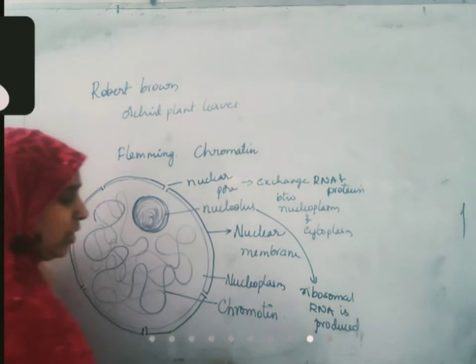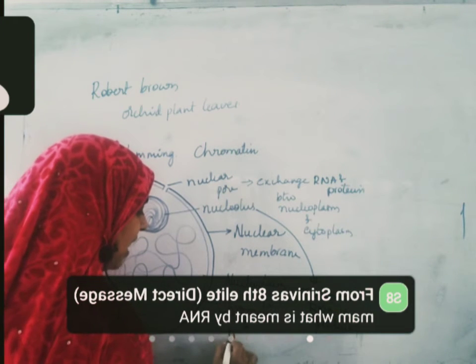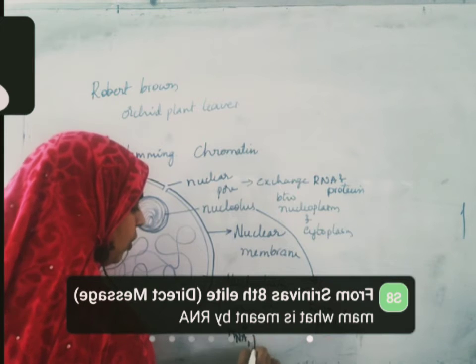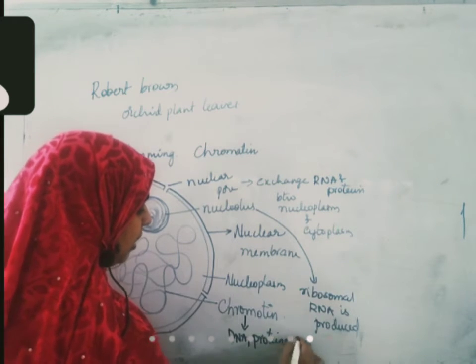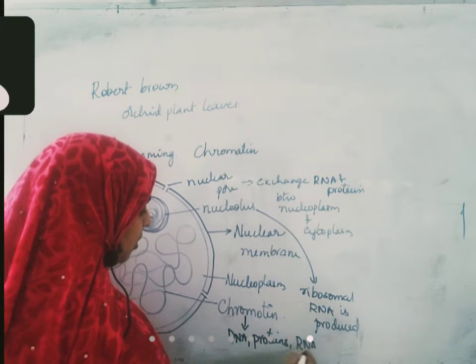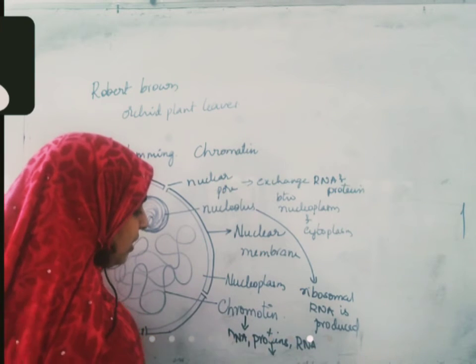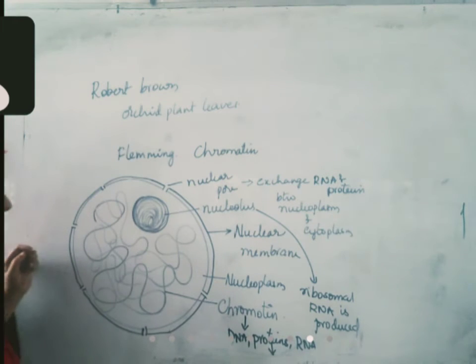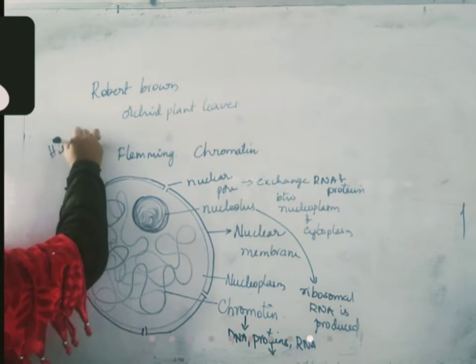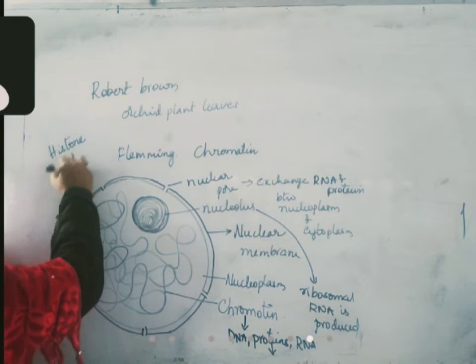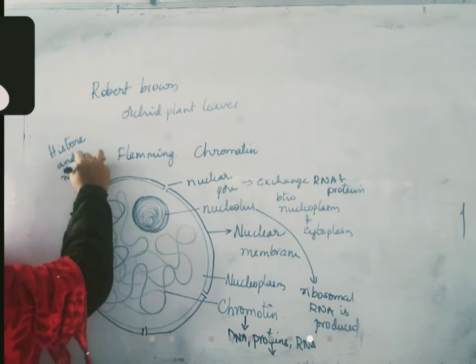What is present in chromatin? Chromatin has DNA, proteins, and some RNA. Okay, these proteins can be histone proteins and non-histone proteins.